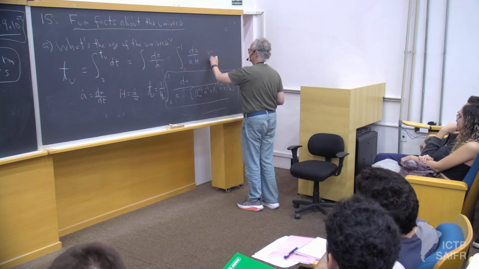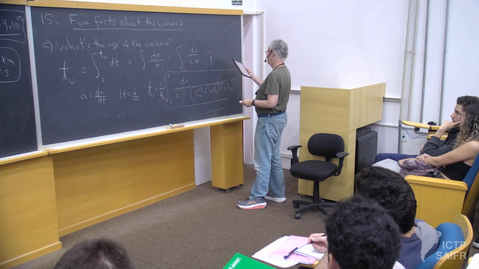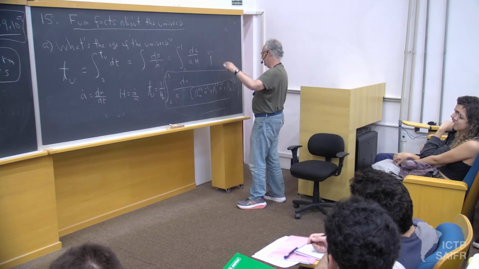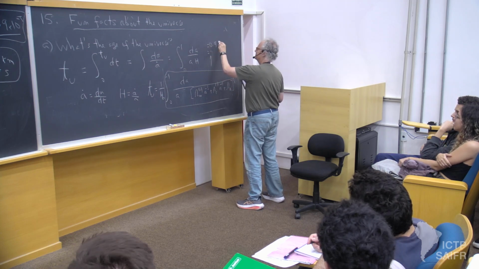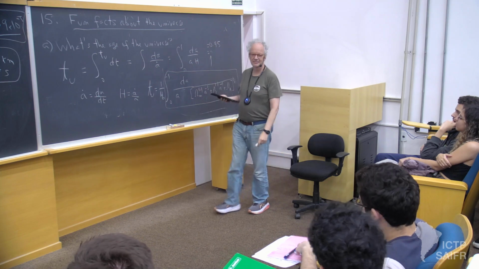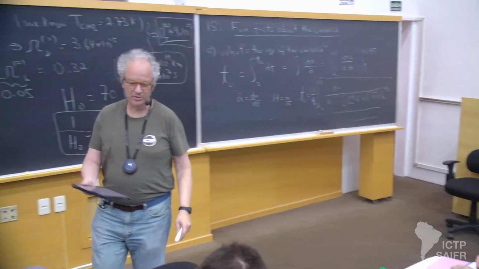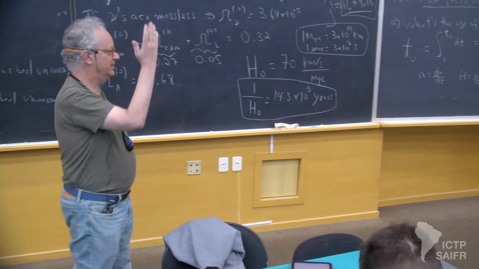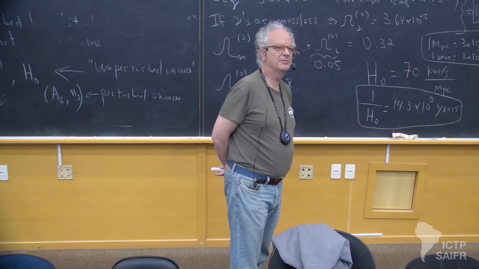And I did that using Mathematica. And if you use the parameters I gave you, this integral equals 0.95. So when we say that the age of the universe is 14 point whatever billion years, where does that come from?